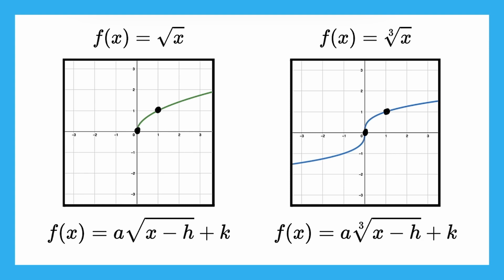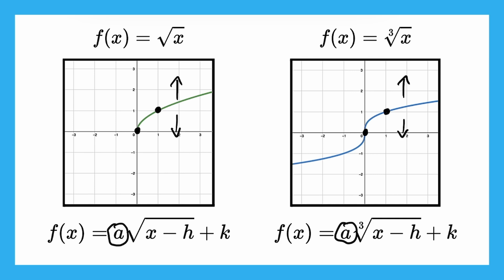All right, let's start with the variable a. What does a do to the graph? If a is between 0 and 1, it will cause the graph to be vertically compressed. That applies to both square roots and cube roots. If a is greater than 1, it causes the graph to be vertically stretched.